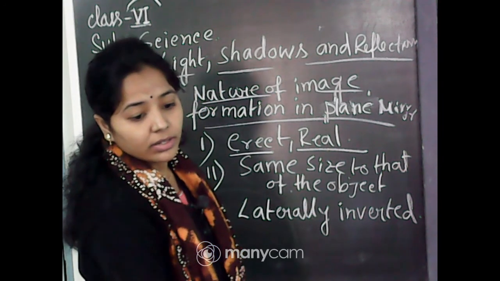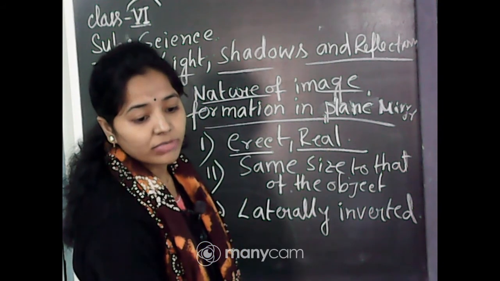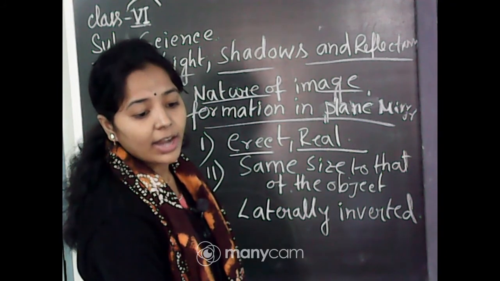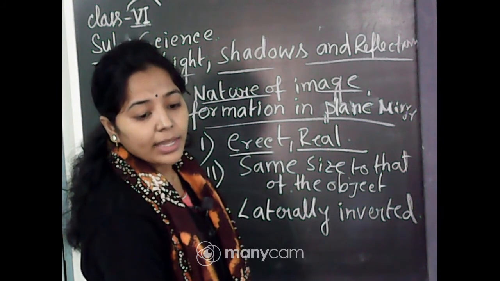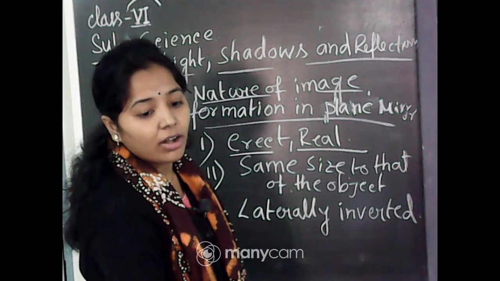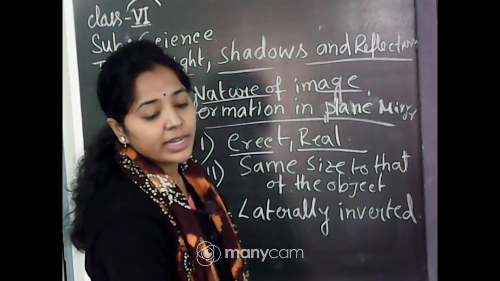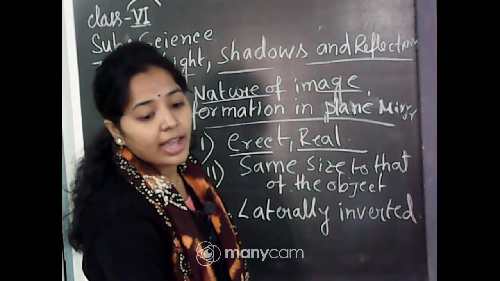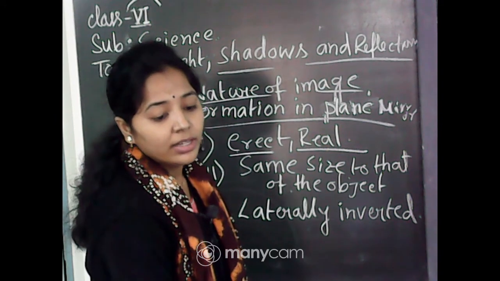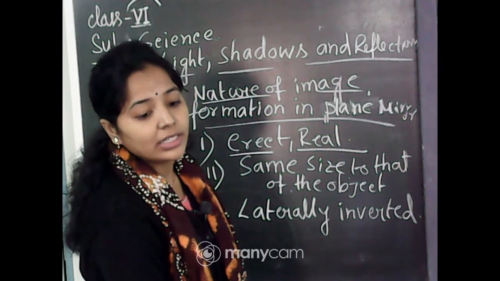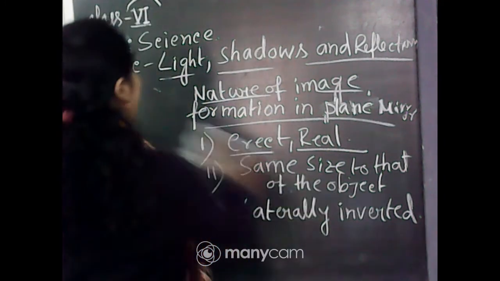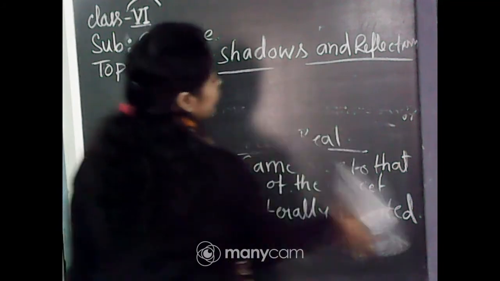Now we come back. Please follow the class. You understood the point? Laterally inverted means the left side or the right side of an object looks like the opposite side of the image. Okay, that is known as lateral inversion. Have you seen one thing? Have you seen an ambulance, everyone?